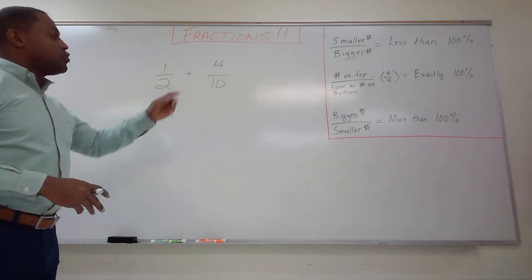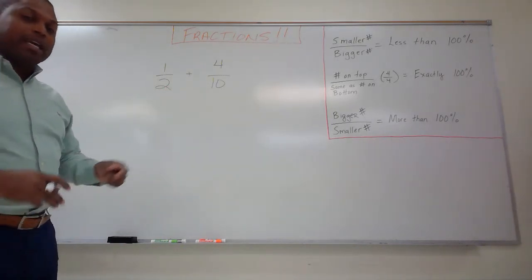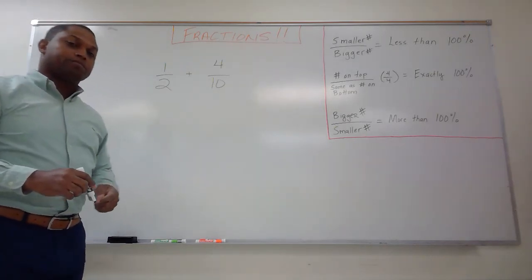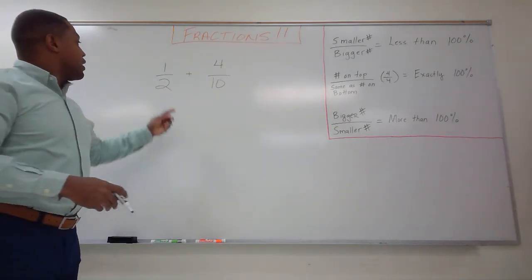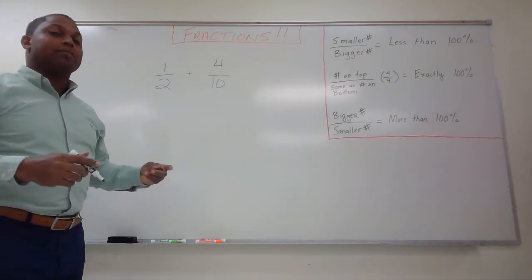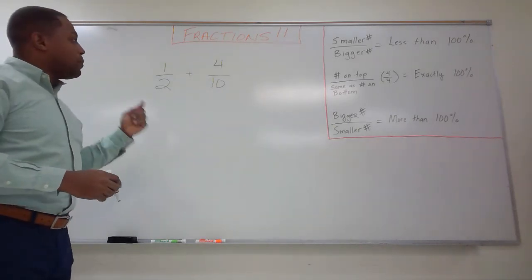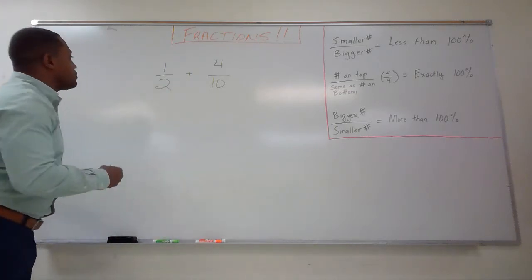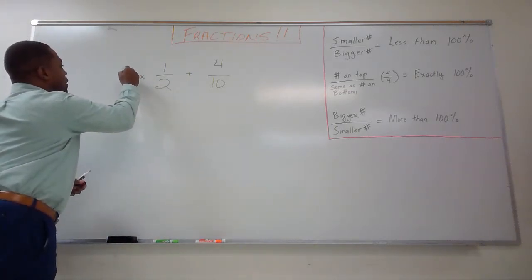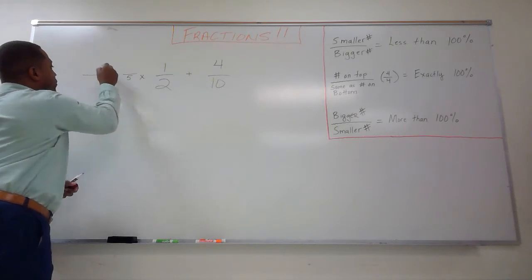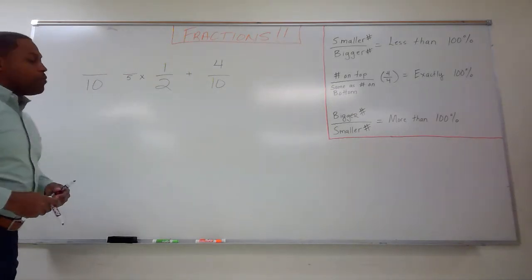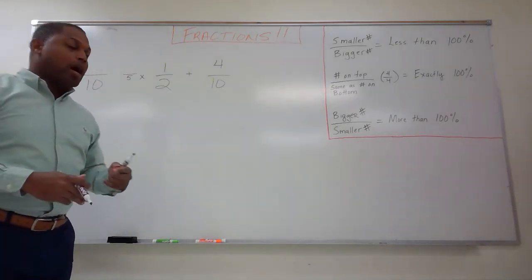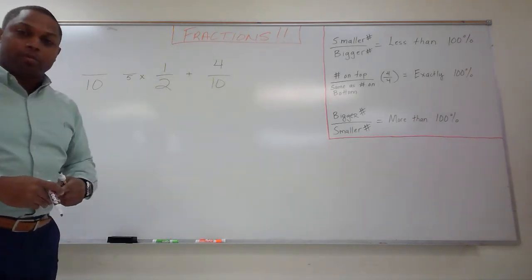When I get to a situation like this, I always ask myself, can I make the smaller number the bigger number? And in this case, I can. I can make 2 into 10 by multiplying by 5. So I'm going to do that. But whatever I do to the bottom number, I must do to the top number as well.